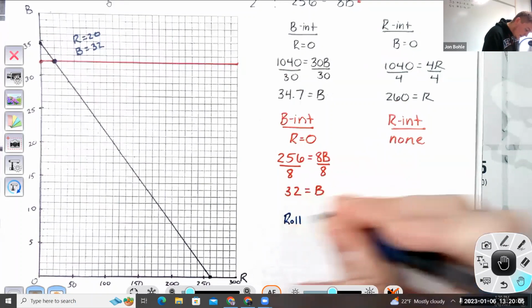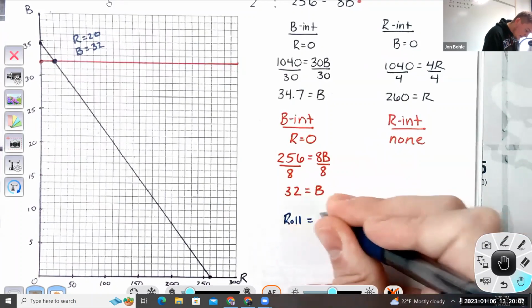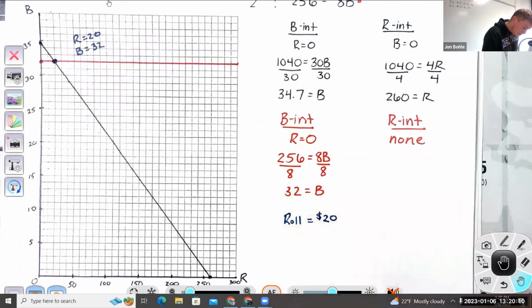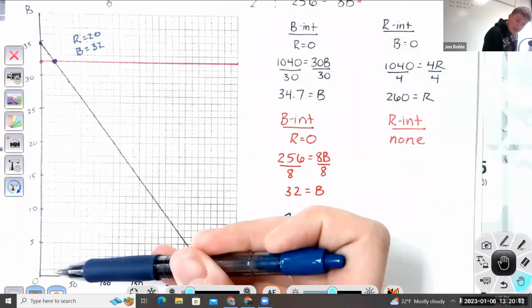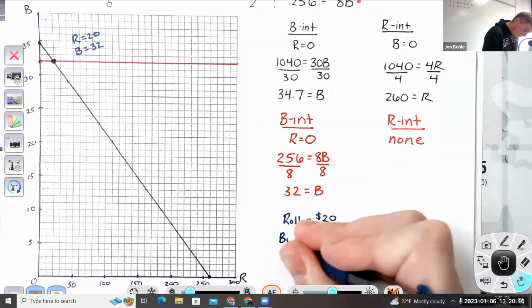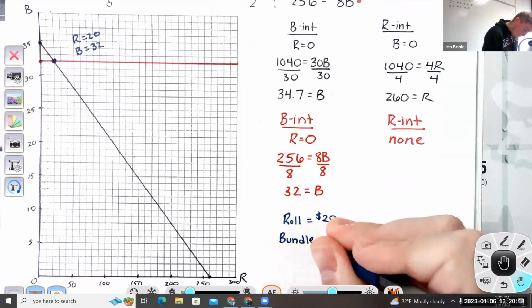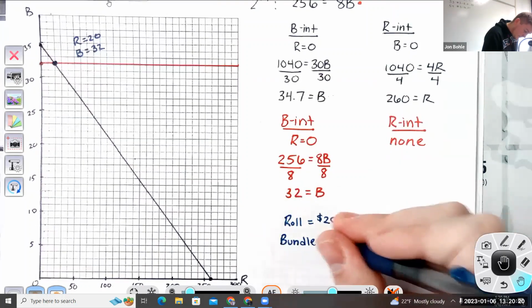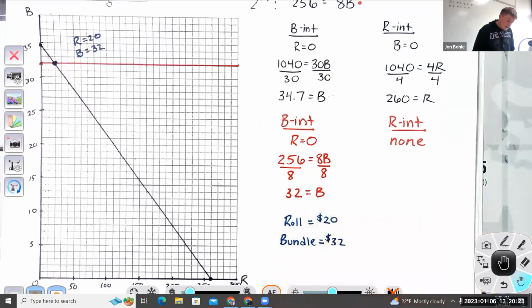Roll is going to be 20 bucks. Right? Because that R value is 20 down here. And then a bundle costs what? 32.